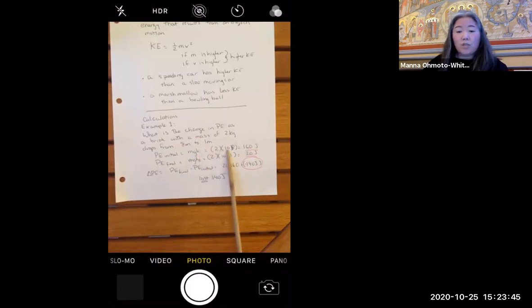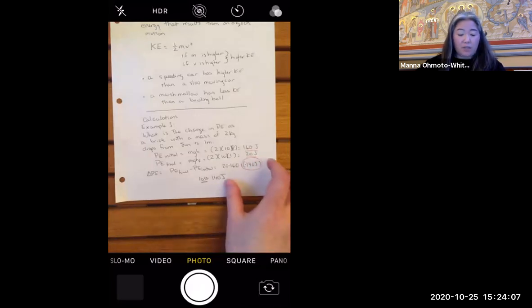That's 2 times 10 times 8, which is 160 joules. And then my final would be mg times final height. So 2 times 10 times 1 is 20 joules. So I went from 160 to 20 joules. Remember it's always final minus initial, so I lost 140 joules worth of potential energy.